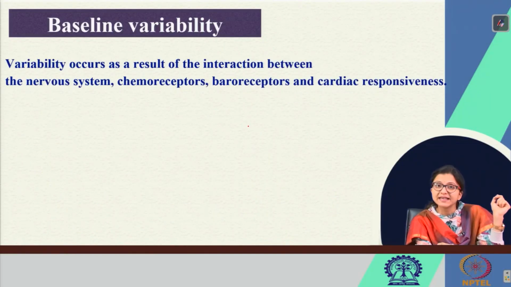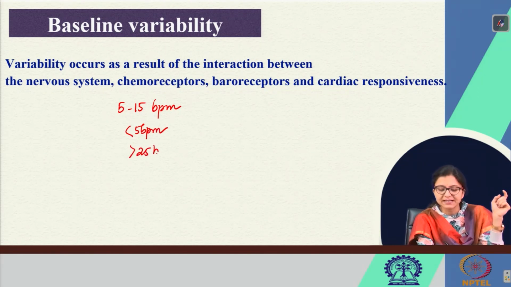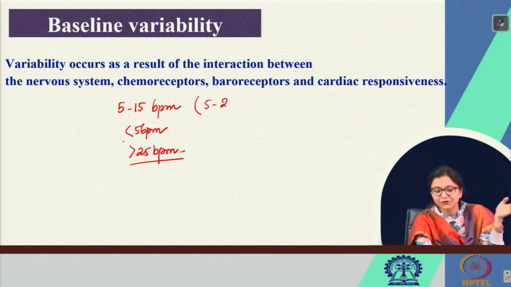Now, coming to baseline variability, I have told that it is in between 5 to 15. Now, we say actually less than 5 is reduced variability and more than 25 is excessive variability. So, normal is taken to be 5 to 25.